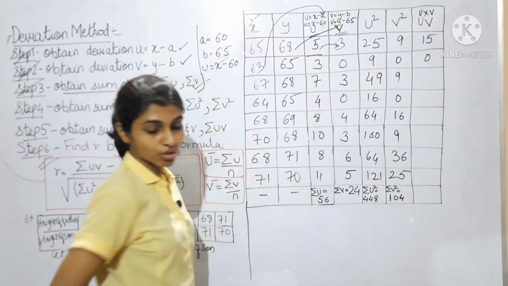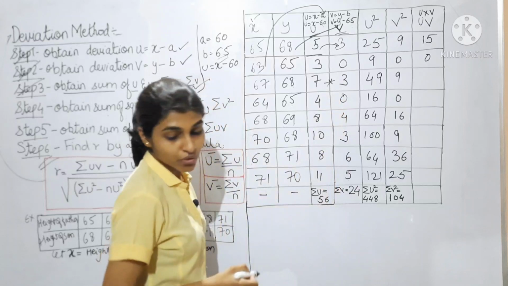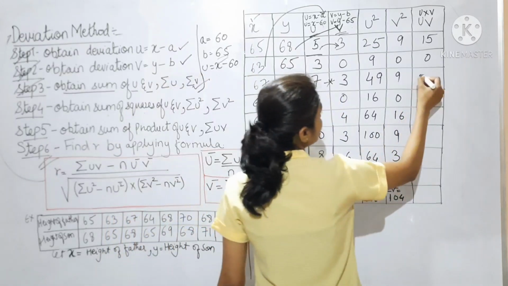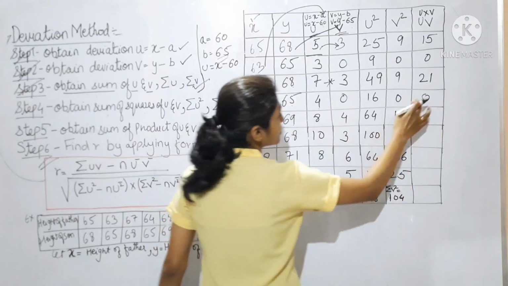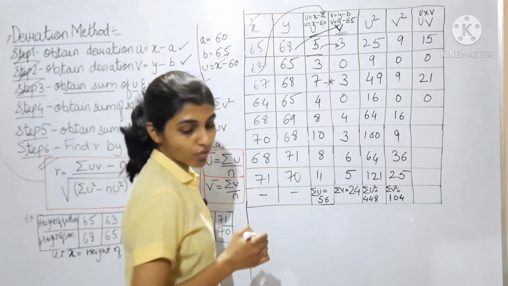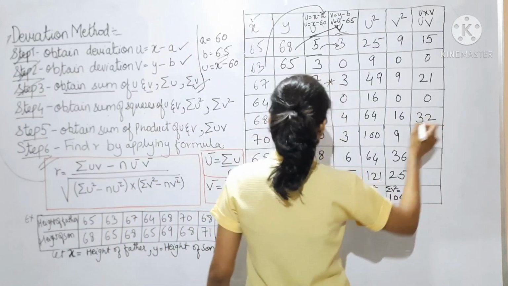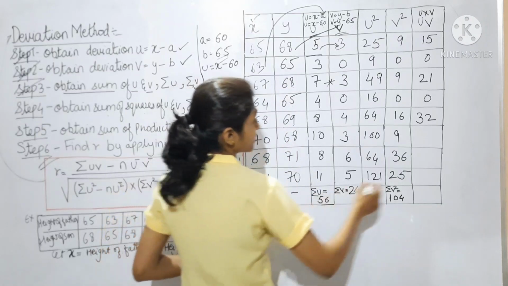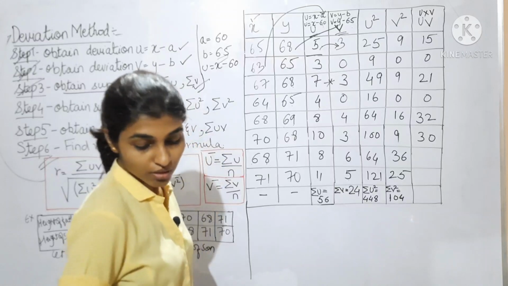7 into 3, 21. 4 into 0, 0. 8 into 4, 32. 10 into 3, 30. 8 into 6, 48.